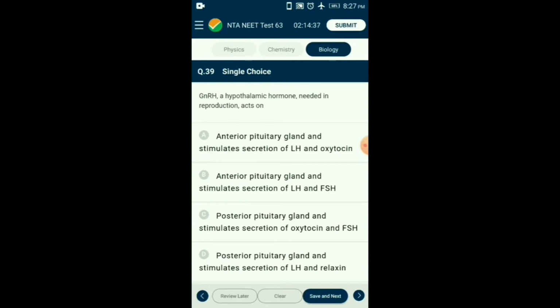Gonadotropin releasing hormone is a peptide hormone synthesized and released from GnRH neurons within the hypothalamus. So the answer is option B, anterior pituitary gland, and stimulates secretion of luteinizing hormone and follicle stimulating hormone.